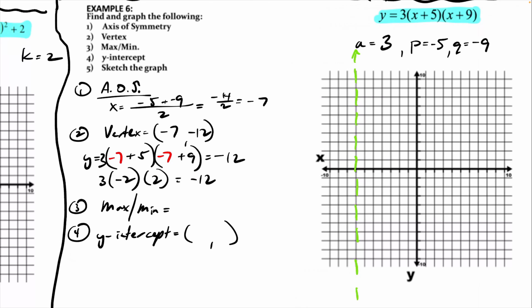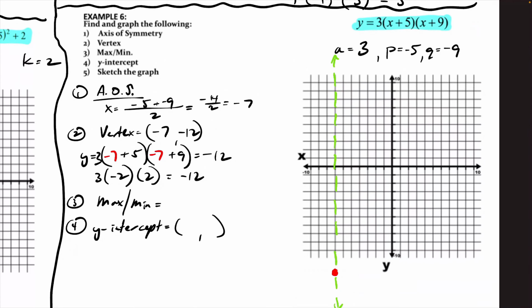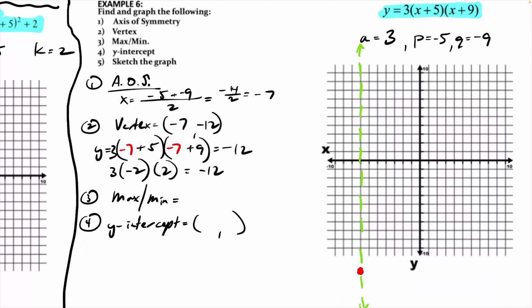Okay, that's a little bit off. It's not crazy off, but it's a little bit off of my graph, it's like down here. A little bit off is okay. The y-intercept is going to be crazy off. Not off meaning wrong, off meaning not on my graph. So max or min, kind of not sure yet.